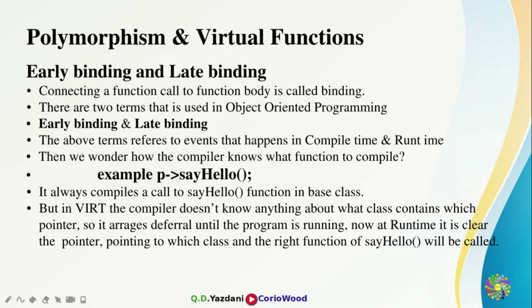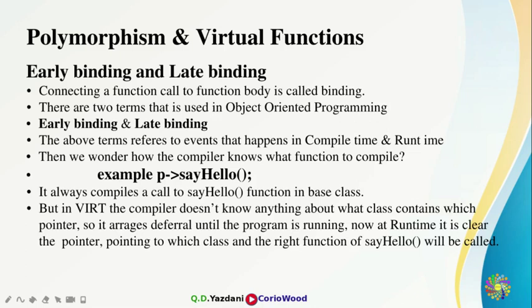The compiler doesn't know anything about which class contains which pointer, so it arranges a deferral until the program is running. At runtime, it is clear which class the pointer is pointing to, and the right say hello function will be called. So that's the main idea of early binding and late binding.